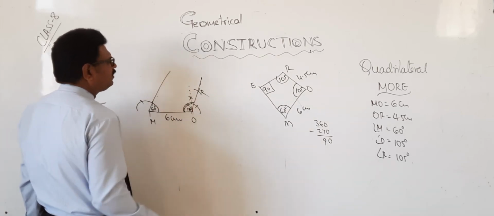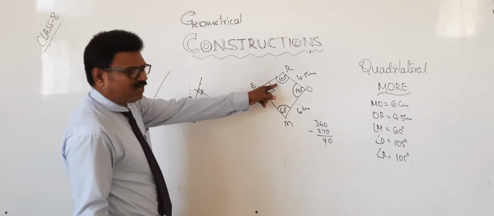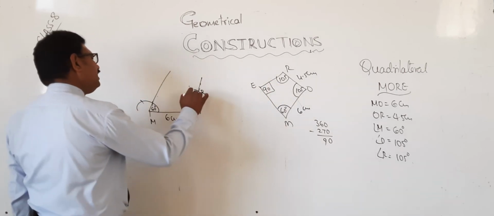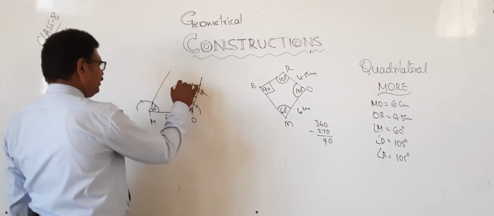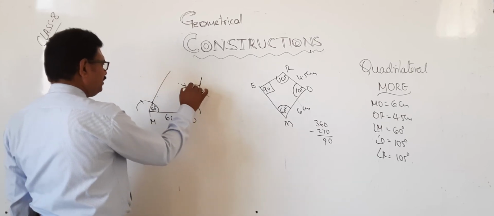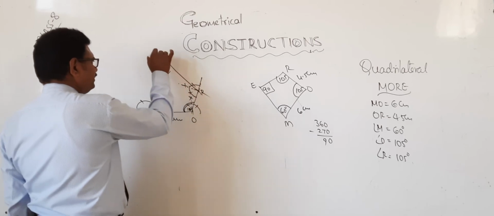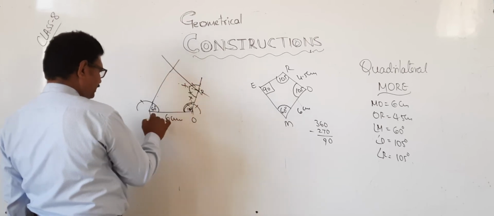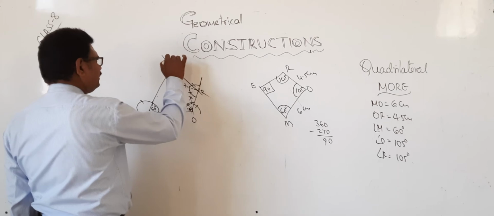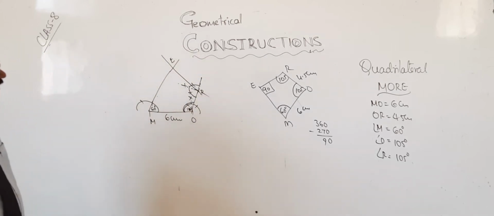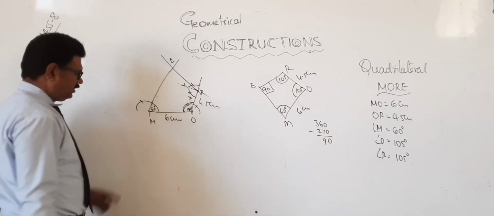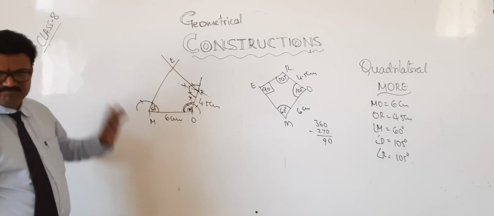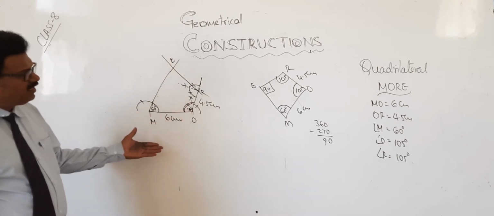This is R. Now here we have to construct 105 again, 2 parts, 2 parts. 105 will come like this. So in MORE, where it joins, that is nothing but E. So this is 4.5. MORE. This is the required quadrilateral.